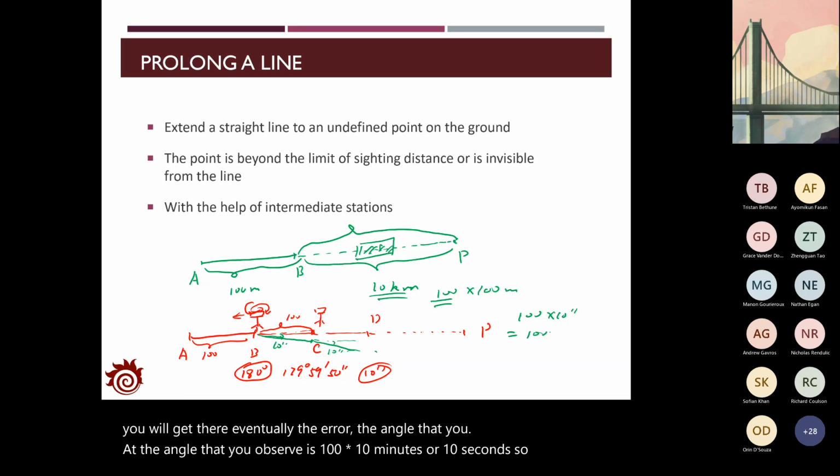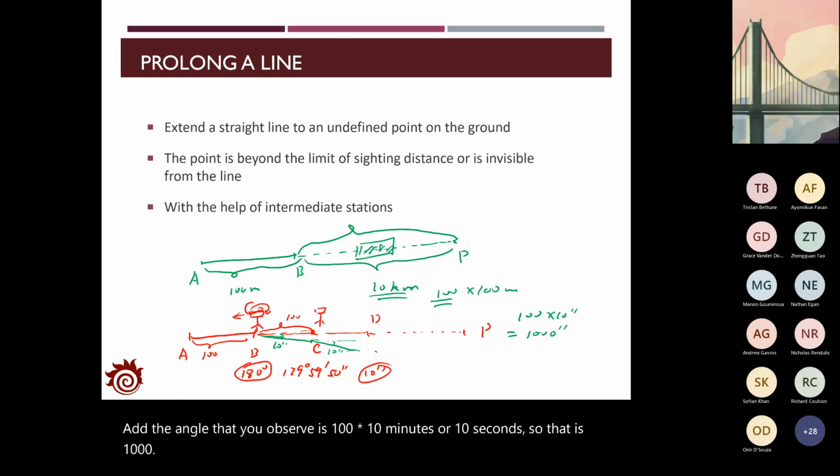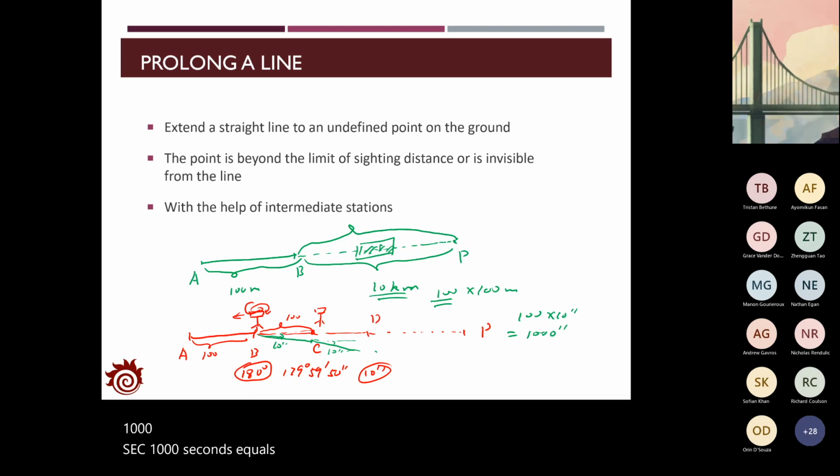So that is 1,000 seconds. 1,000 seconds equals to, let me see what the value should be, 1000 divided by 60. So that will be 16 minutes and 40 seconds error. This would be the error.